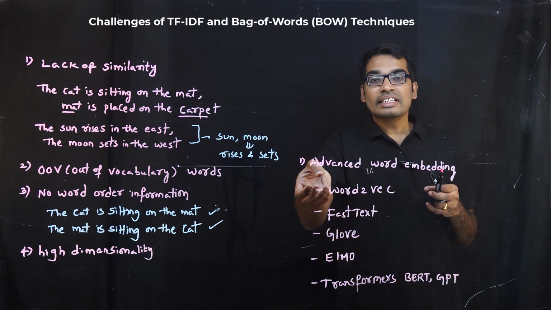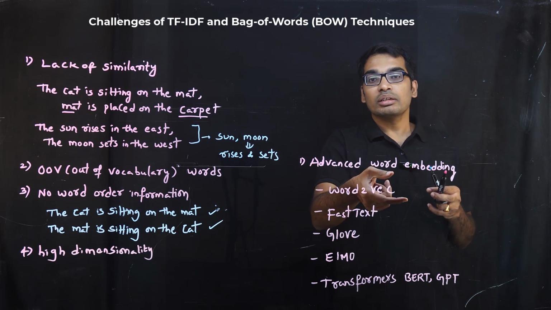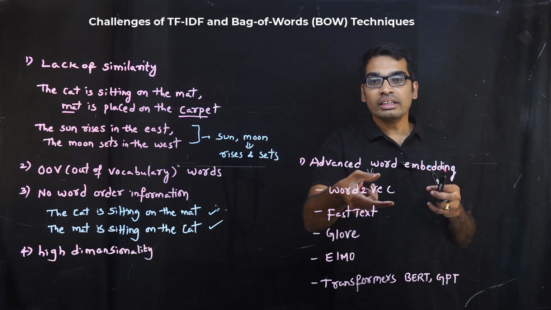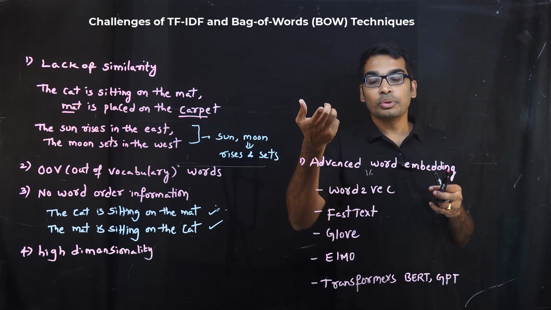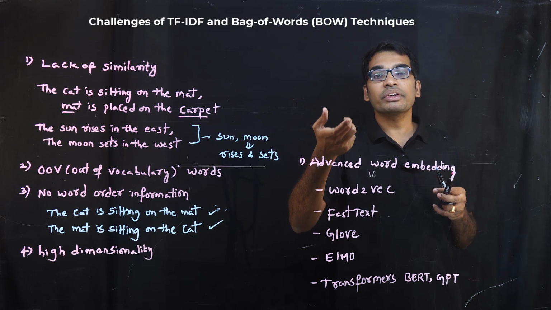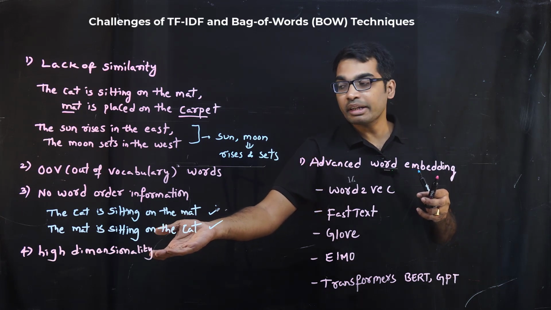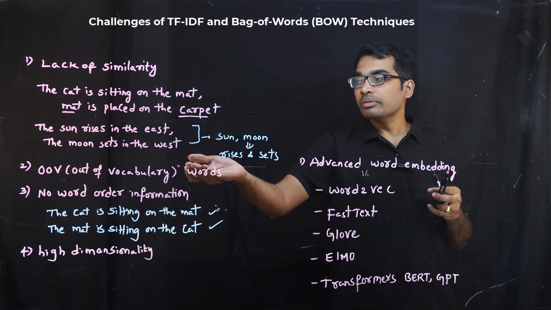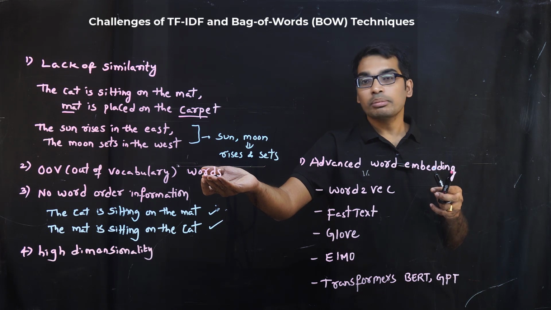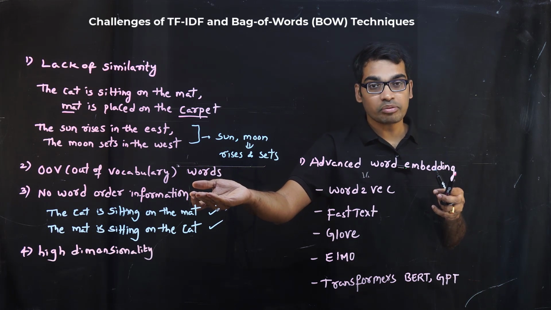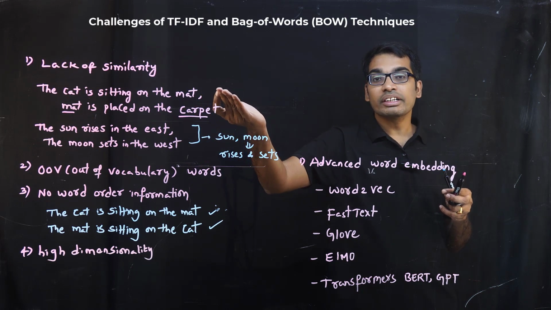Now we will study Word2Vec in detail in the next class. Word2Vec ideally puts every word into a numerical word representation of a fixed length. That is how we overcome high dimensionality, and we can also handle out of vocabulary words in some way. It also handles the lack of word order information, because it maintains the context, and lack of similarity it is definitely able to handle.